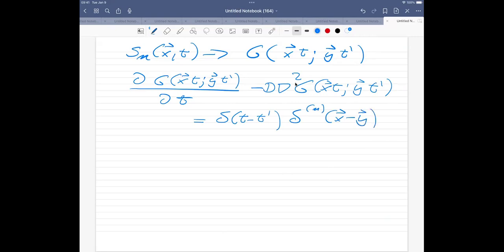So there is a time dependence, there's a spatial dependence, and I can solve this function analytically, and I can show that if I define t minus t prime, it's going to be symmetric in time.